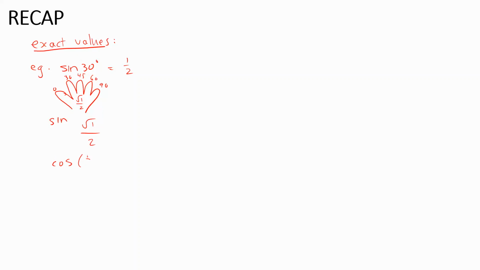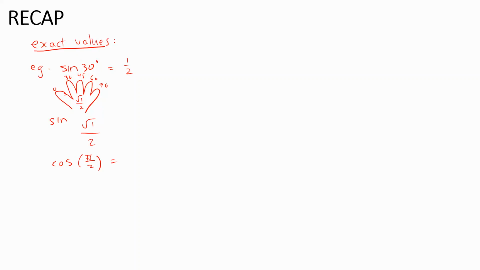Cosine of pi on 2, Percy. Pi on 2, which finger is that? Yes, that's your pinky, good. So it's on your pinky, 90 degrees. Drop down the pinky, and now I'm cosine.